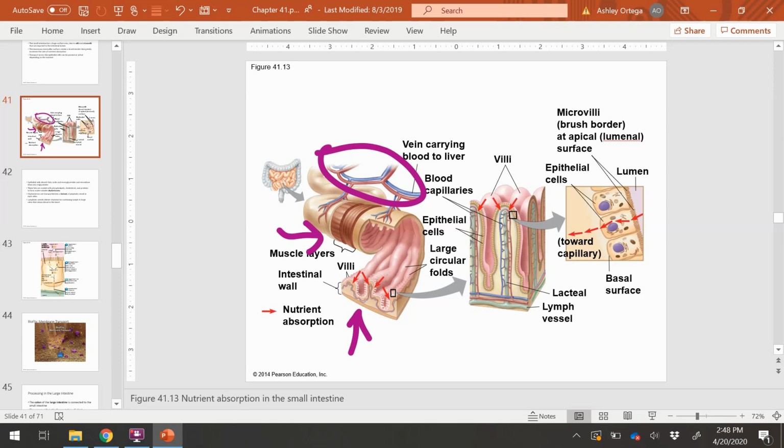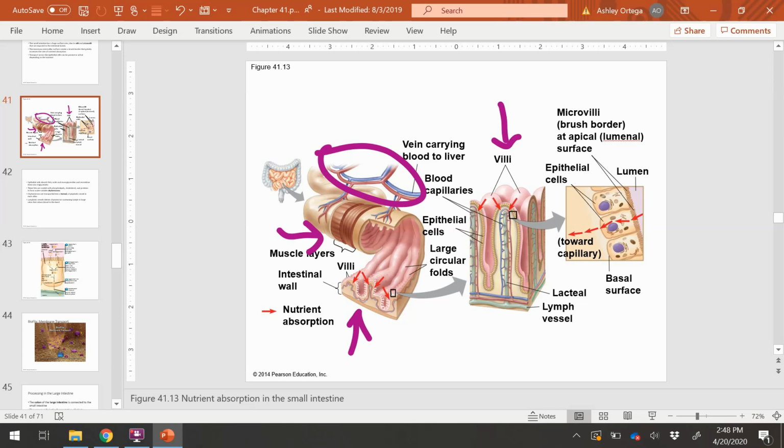If you zoom in on that, you can see the finger-like projections called the villi. Each villus will have a capillary system and the lacteal, which is part of the lymphatic vessel system, in its interior.